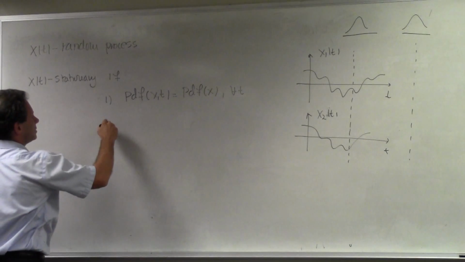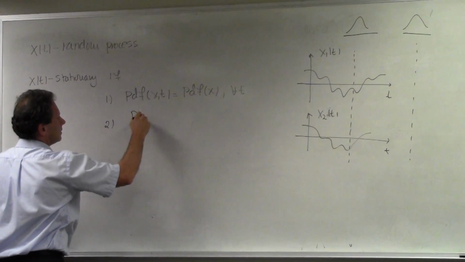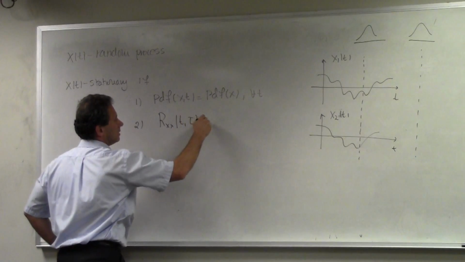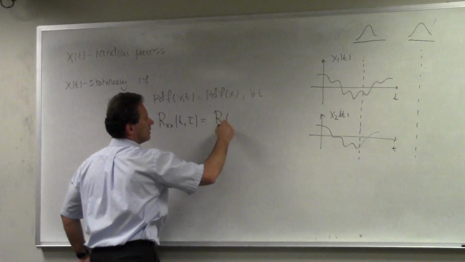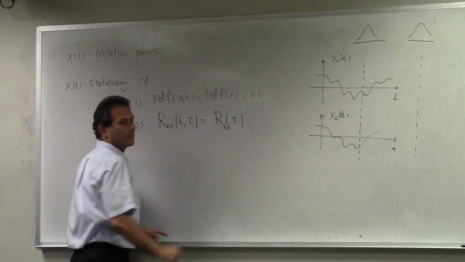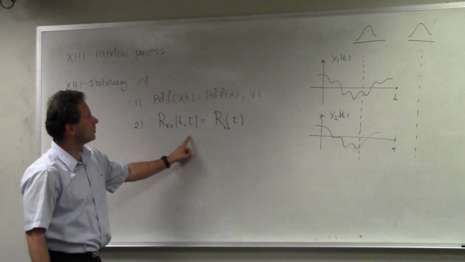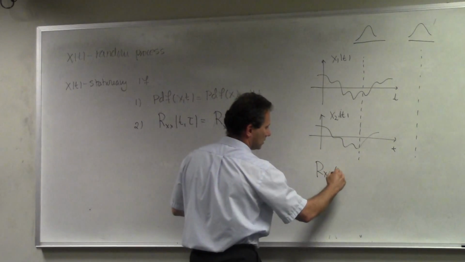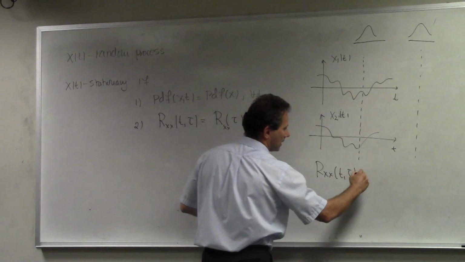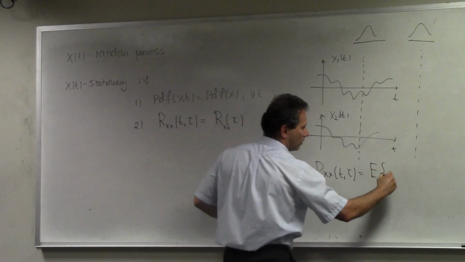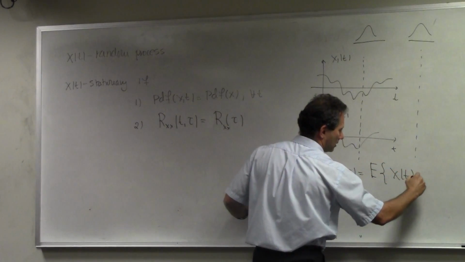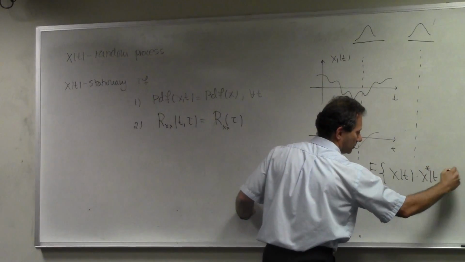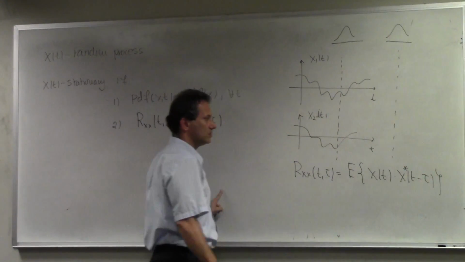The second condition is that the autocorrelation function R(t, tau) is just Rxx of tau. Remember how we define the autocorrelation function? We define Rxx of t, tau as the expected value of x of t times x of t minus tau, and if you really want to be proper, you put the complex conjugate.